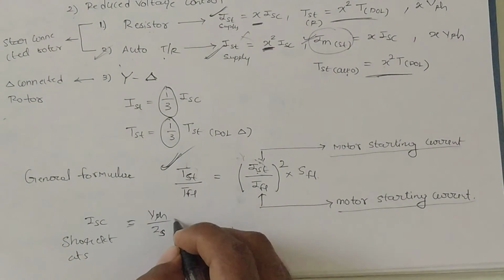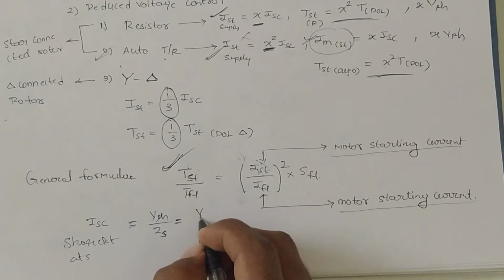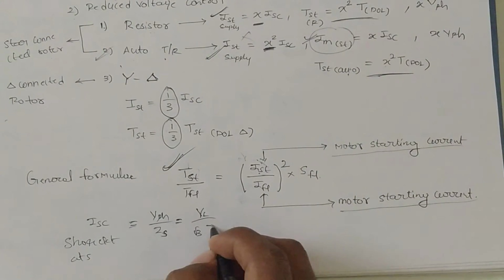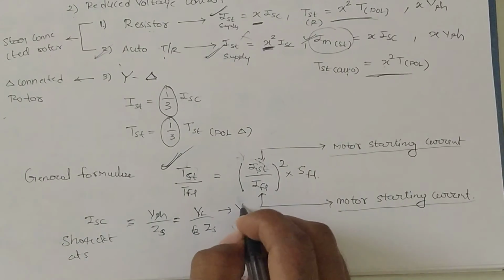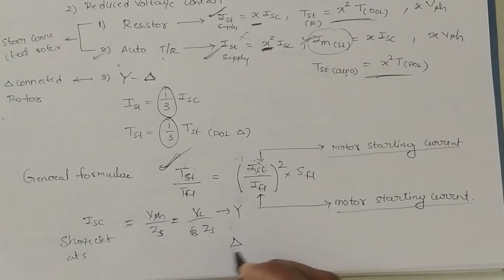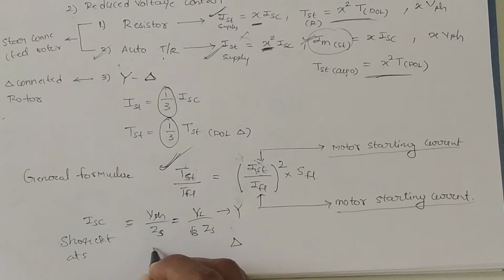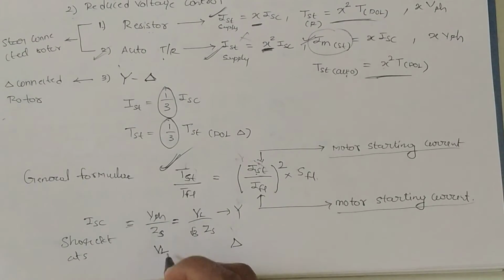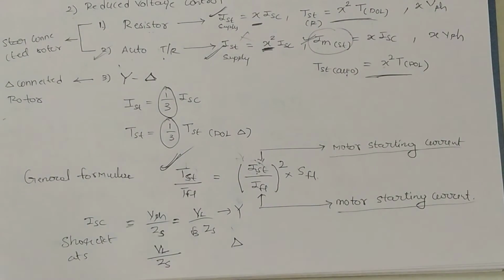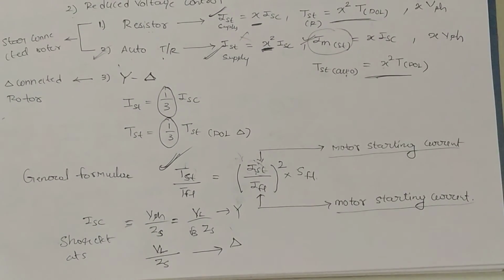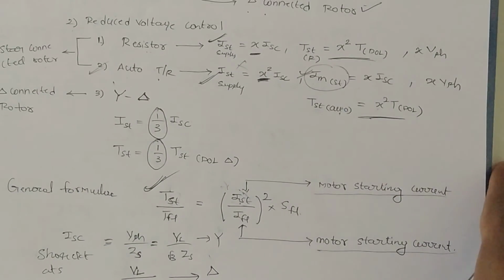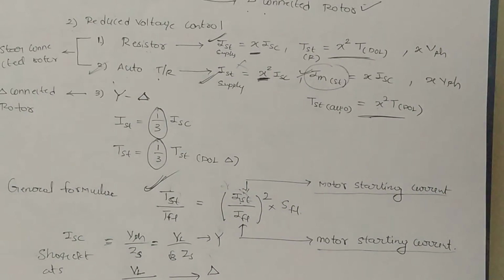For star connection, it will be equal to VL by root 3 into ZS. This is for star connected rotor. For delta connected rotor, V phase is equal to VL, so it is VL by ZS. Keep in mind these values. By using these formulas, we can solve any type of questions from GATE.